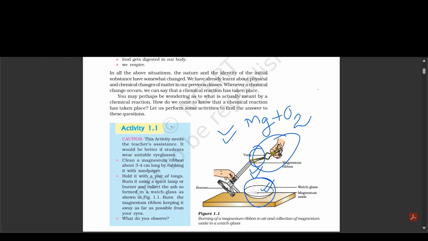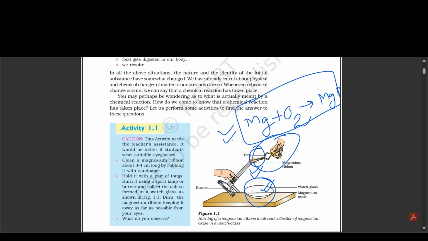You'll get a white residue. The formula for white residue is MgO, right? So this is what the chemical equation will be for this particular reaction. And now the very important thing is balancing. Balancing I would be covering as we proceed in the chapter. Right now we are just writing the equation.